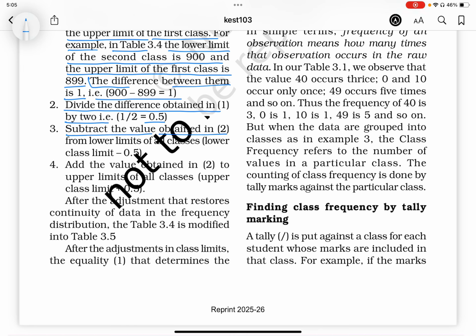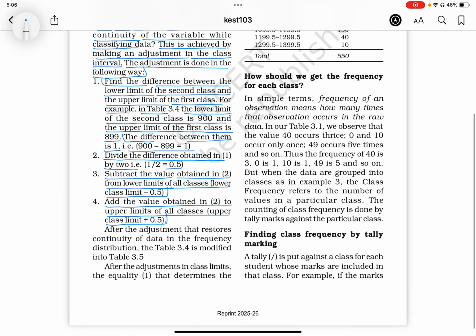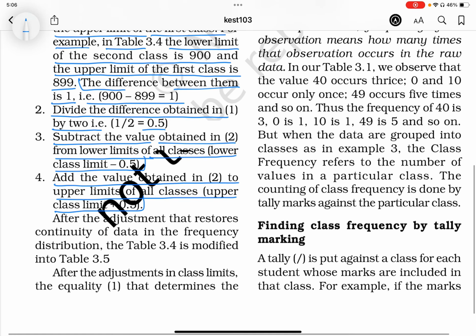Subtract the value obtained in step 2 from the lower limit of all classes, that is, lower class limit minus 0.5. Add the value obtained in step 2 to the upper limit of all classes, that is, upper class limit plus 0.5.